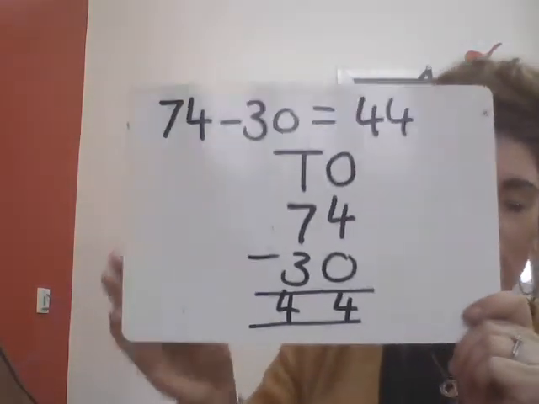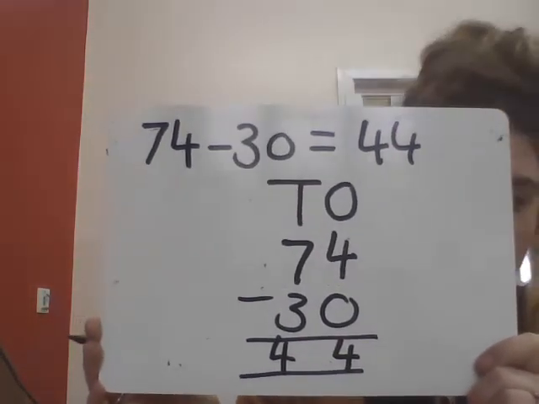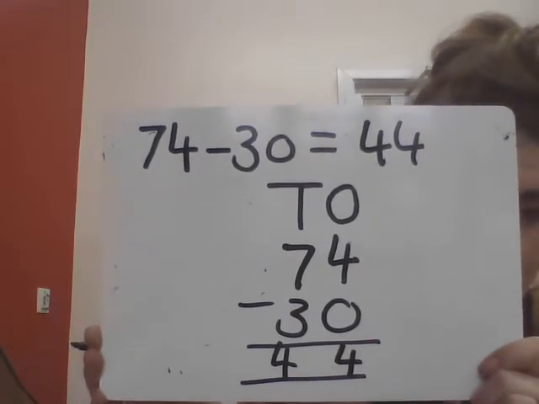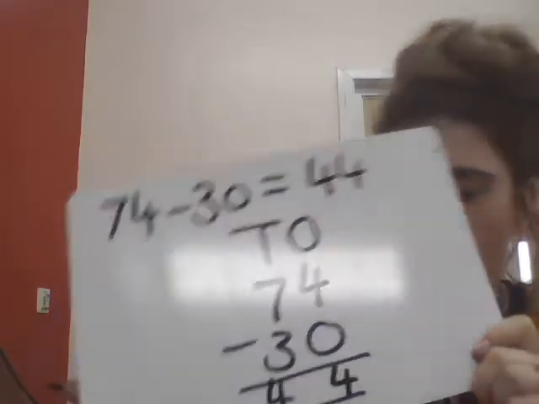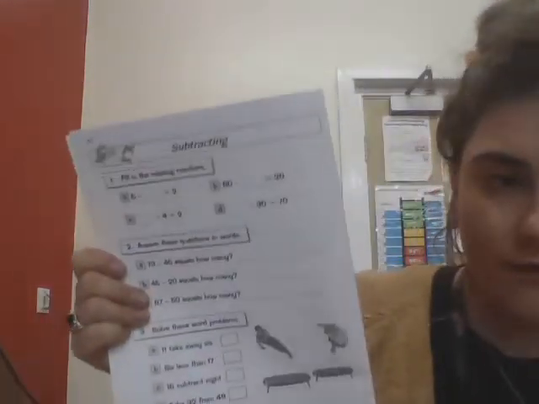So hopefully that's helped you to solve questions 1 and 2. And then remembering to write your answer in words, but you might need a little bit of help with that from your grown-up. Okay? So we can solve it pictorially by drawing it, or we can solve it using the column method.